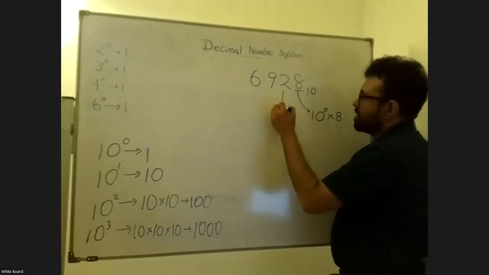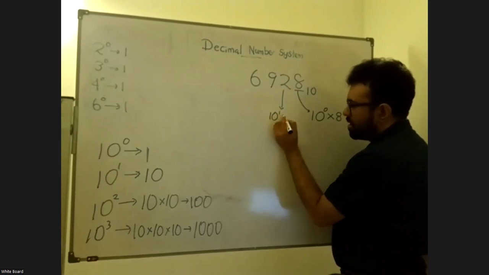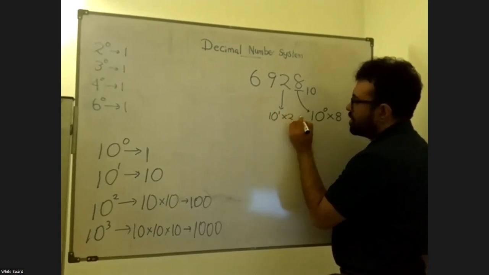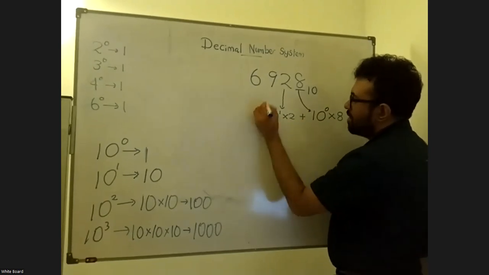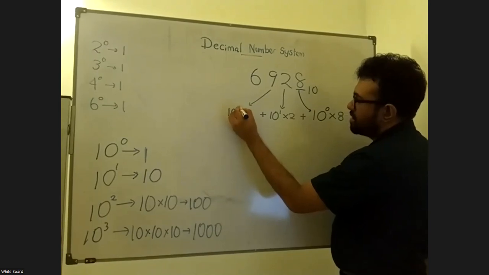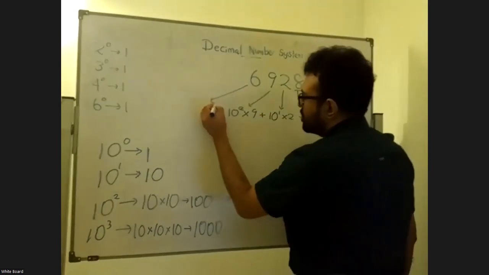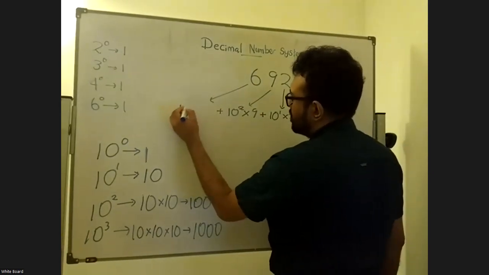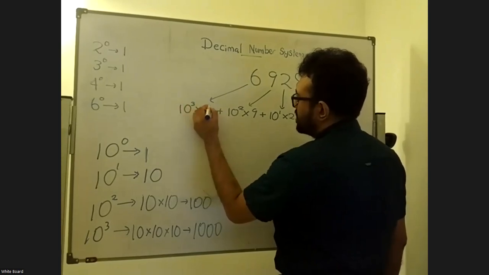Then this one, 10 to the power 1, multiplied by 2, plus this. So I add all this. Then we take 10 to the power 2, multiplied by 9. And also the last one, 10 to the power 3, multiplied by 6.